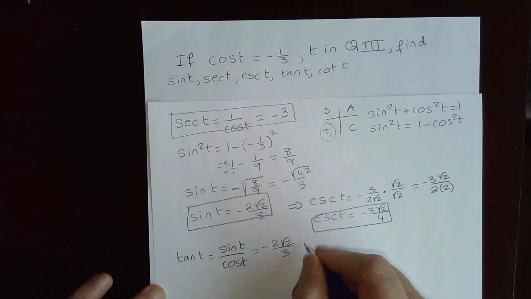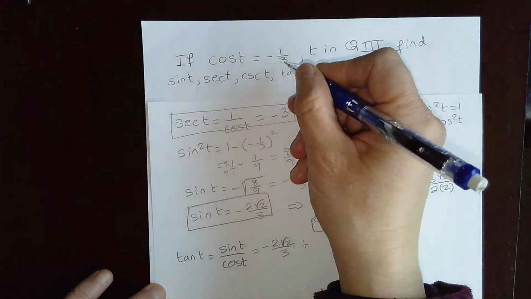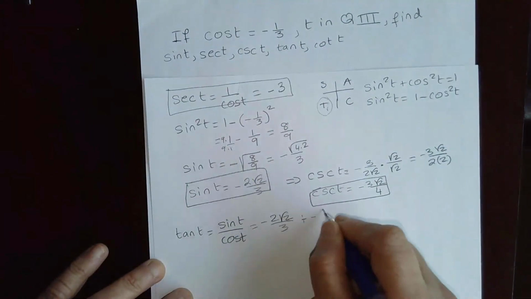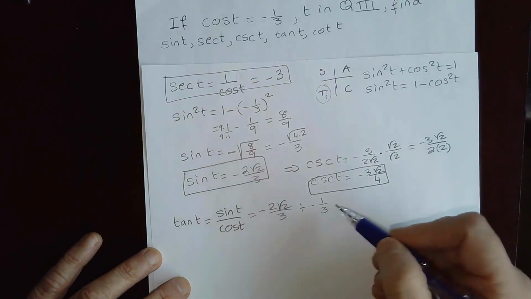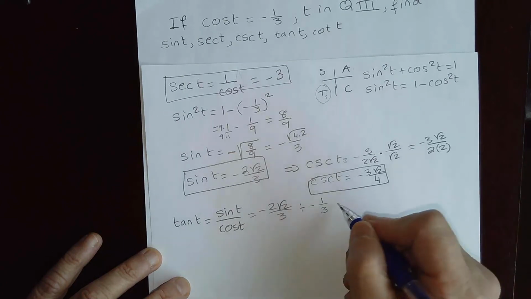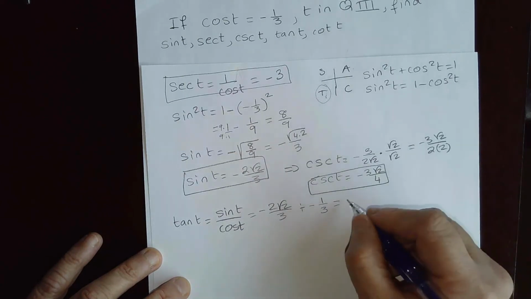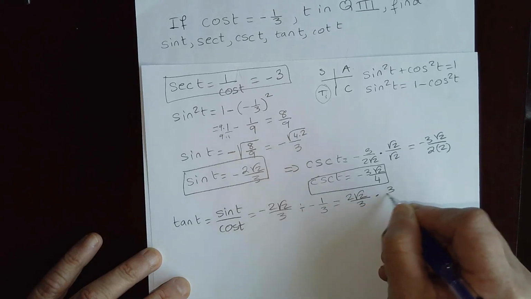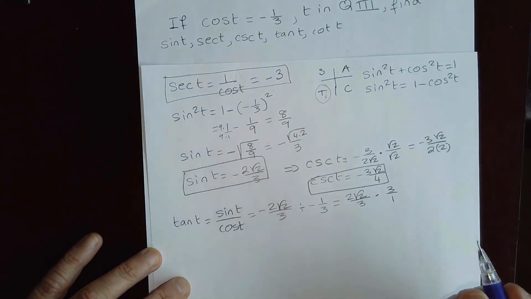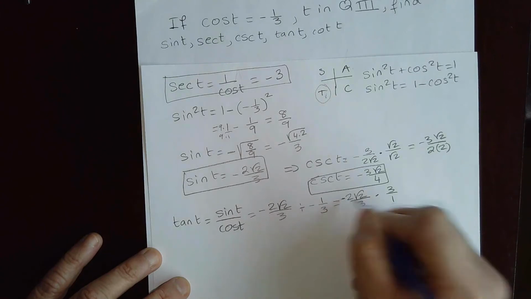That's what they gave us in the problem, -1/3. So if you notice, we're going to be dividing a number by number. They're both negative, so it's going to be positive. 2√2/3 times 3/1. You can, if you want, get rid of the negative now, but if you want to keep it, you can as well.